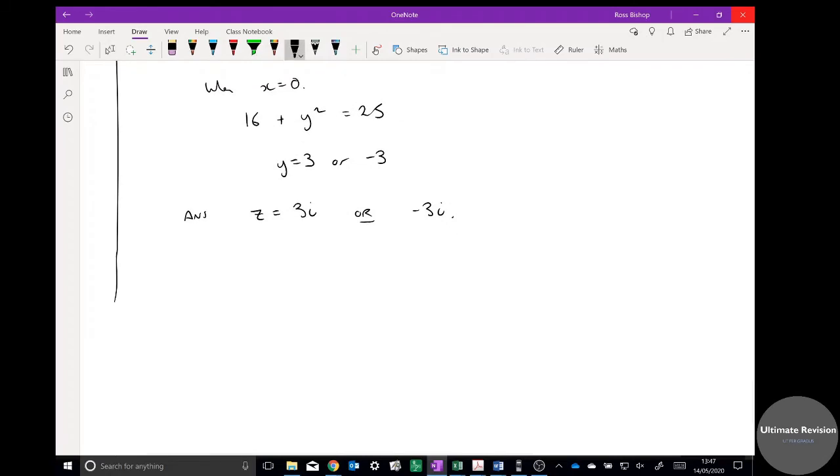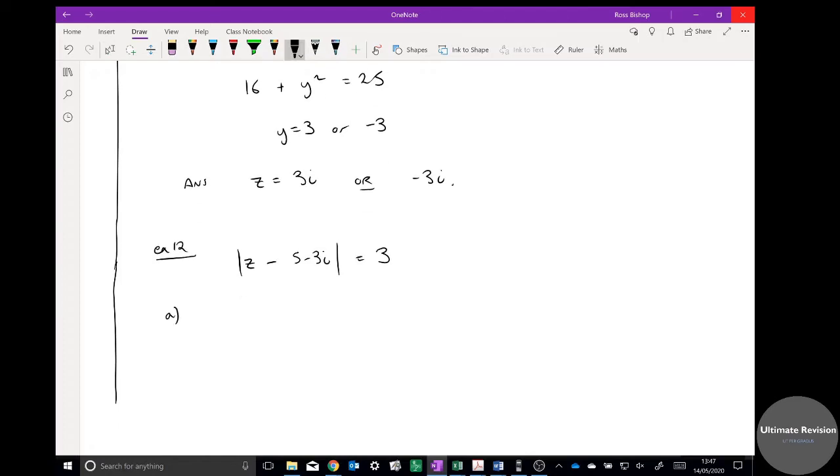Okay, that's example number 11. I'm going to do a couple more because this is a tricky-ish topic. Example number 12. I've got a different locus of points there. Modulus of z minus 5 minus 3i equals 3. Okay, A, sketch the locus of z.